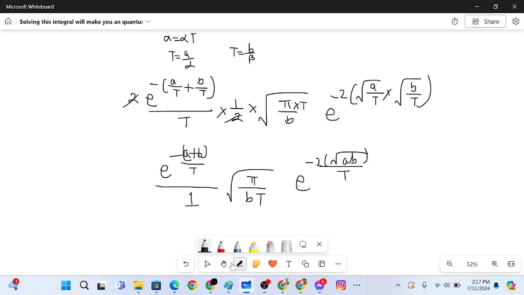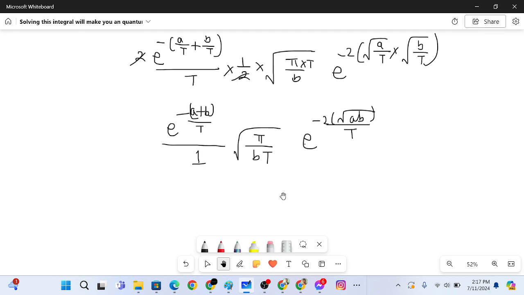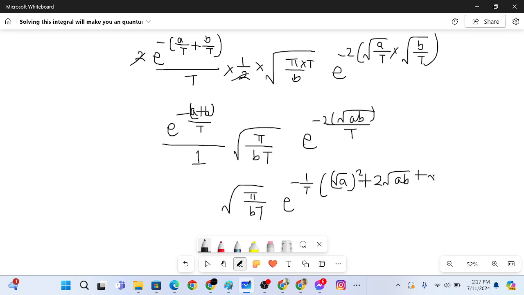Okay, so now after this I can add these terms, so that we get root under pi by bt, e to the power minus 1 by t, times root a square plus 2 root ab plus root b square.